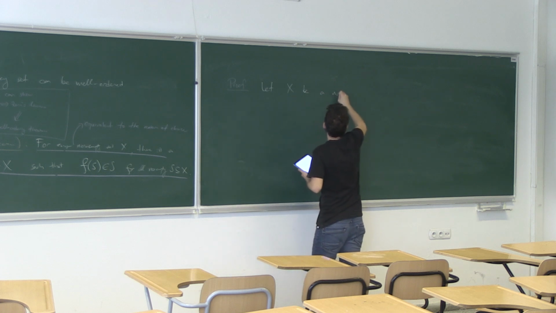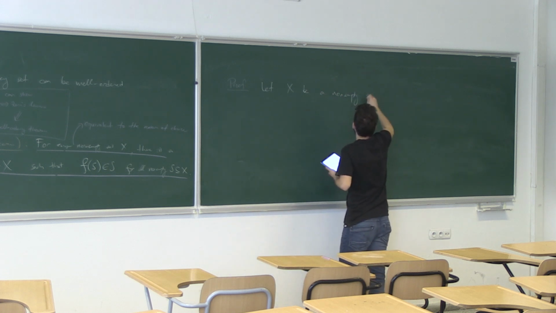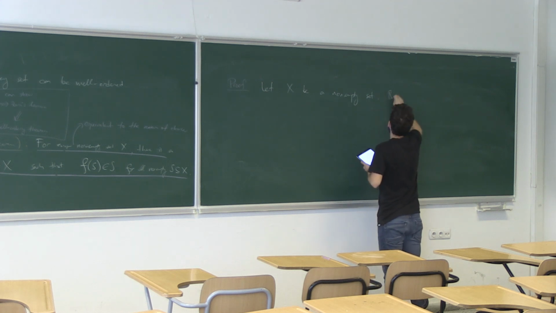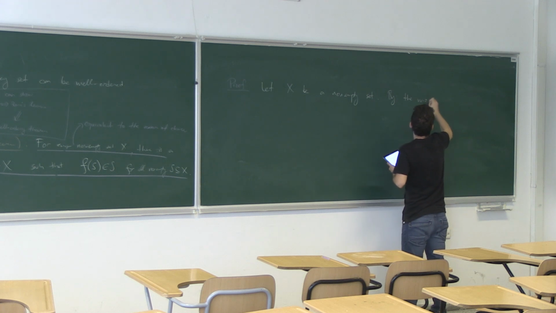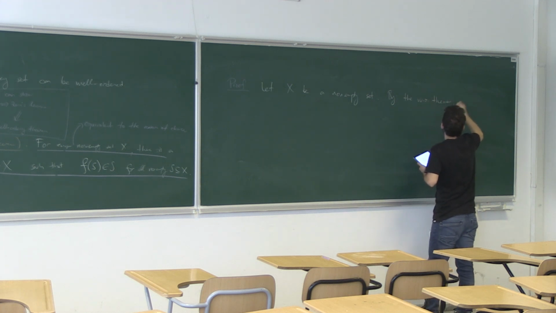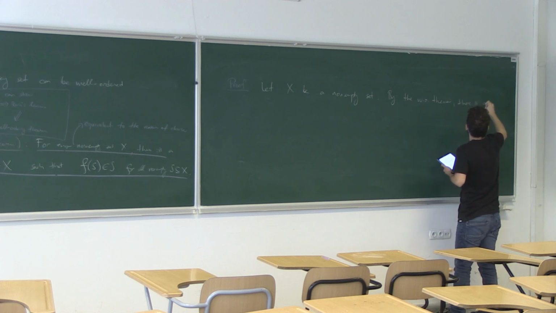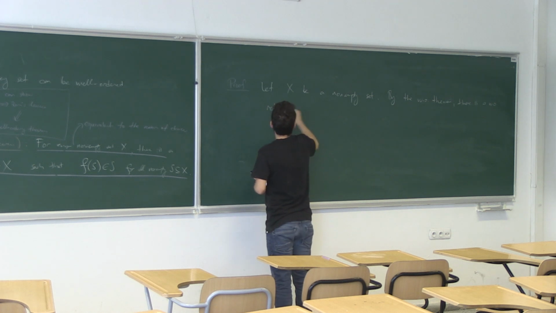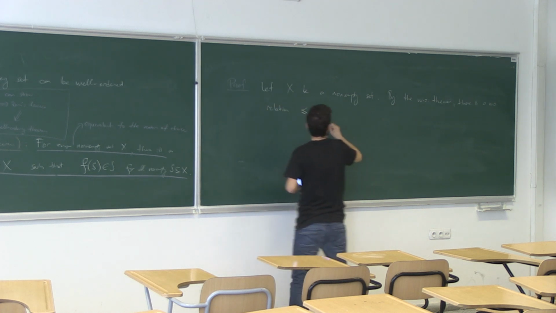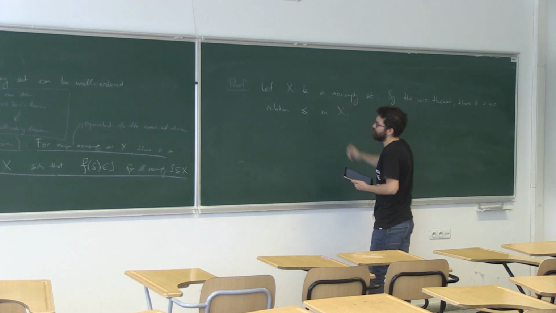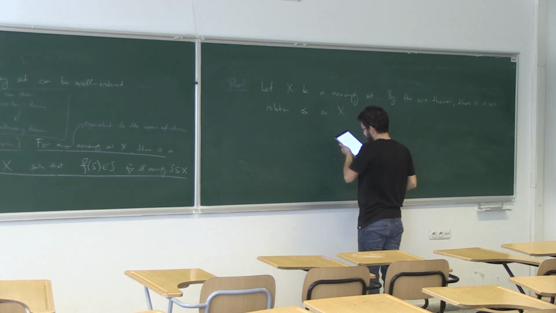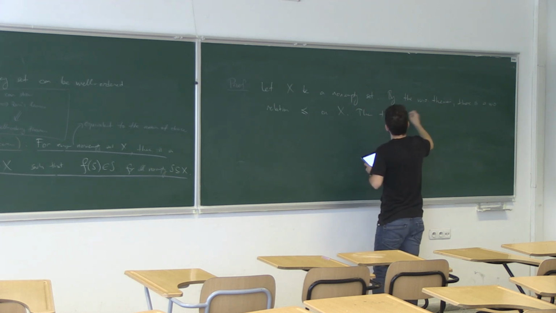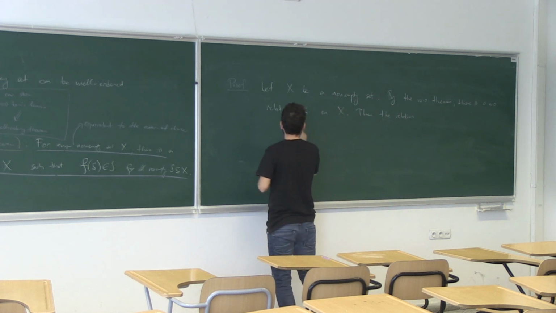Let X be a non-empty set. By the well-ordering theorem, there is a well-order less than or equal to on X. I'm going to call this less than or equal to. Then the relation, okay, I'm just going to skip the details. This is not too difficult.